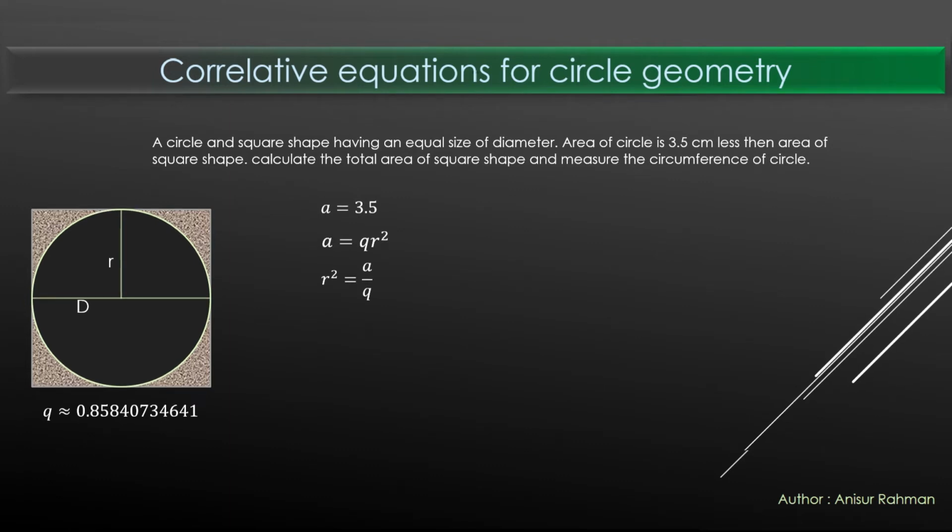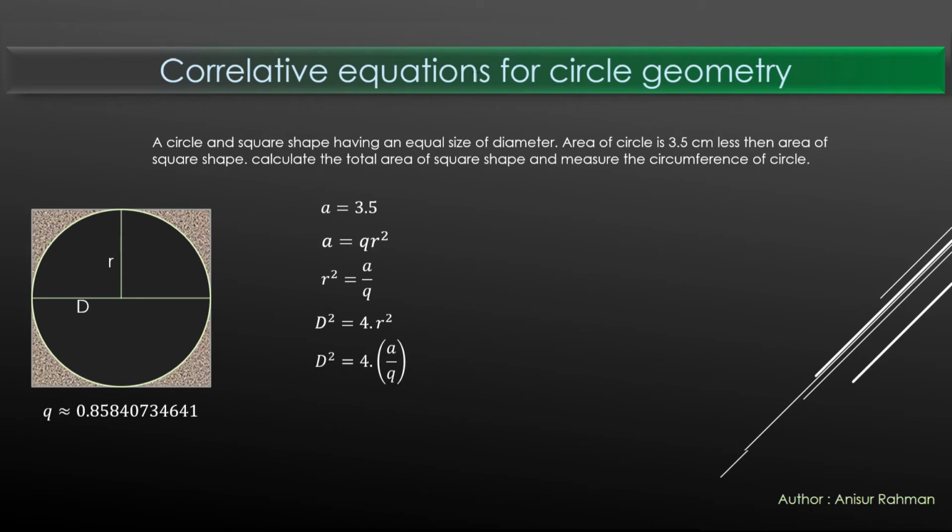We already know the area of the square shape is simply d square, and d square is equal to 4 times r square, or d square is equal to 4 multiplied with a over q.